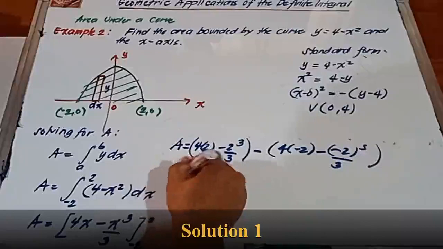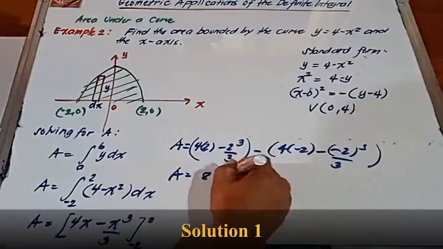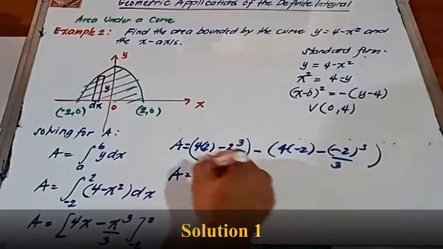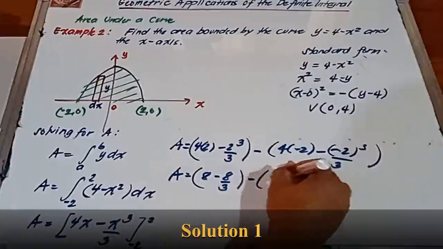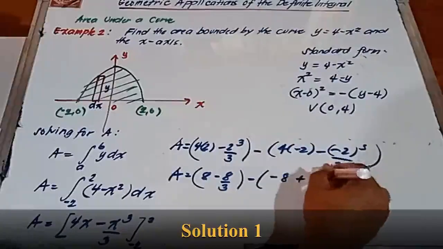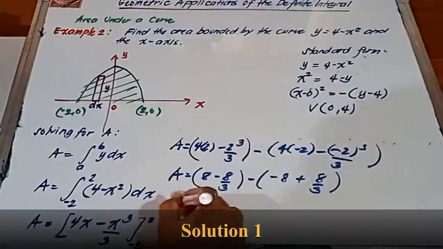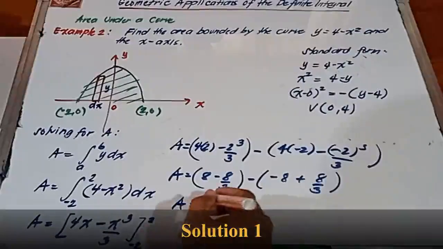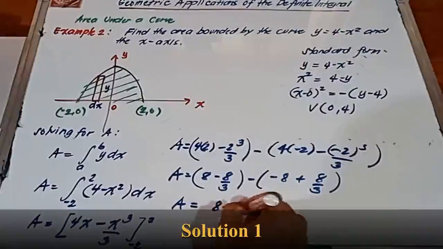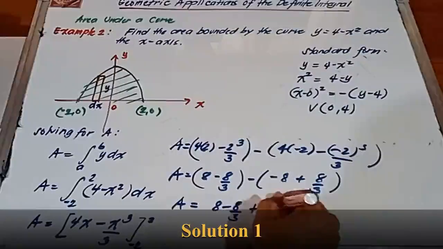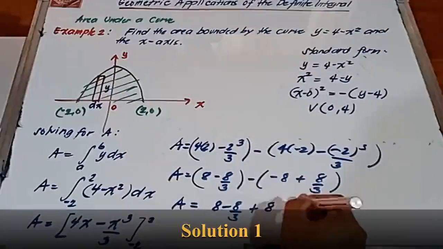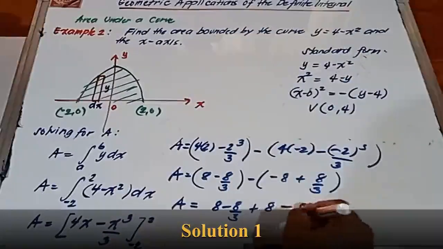Okay? 8 minus 8 thirds minus negative 8 plus 8 thirds. So we have A equal to 8 minus 8 thirds plus 8, plus minus 8 thirds.